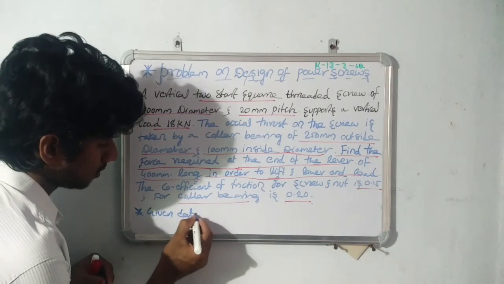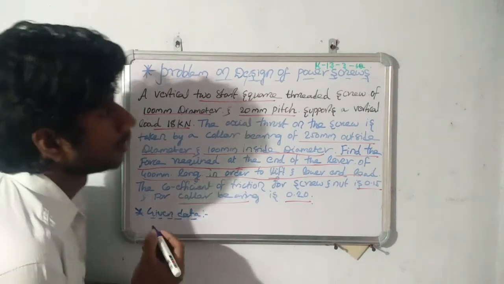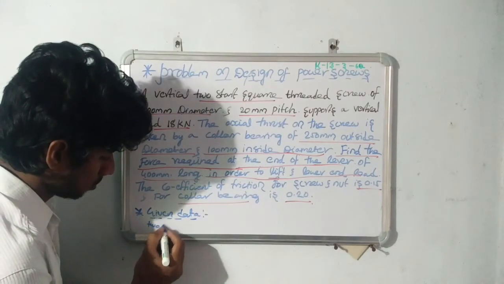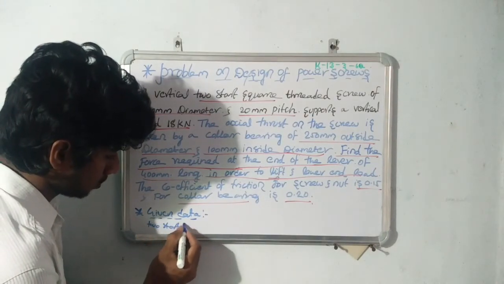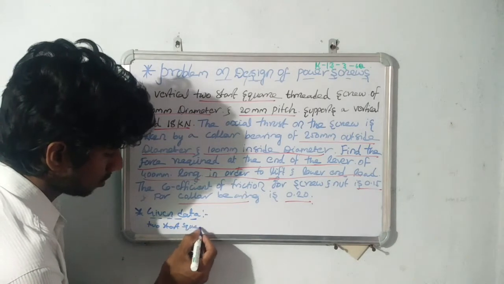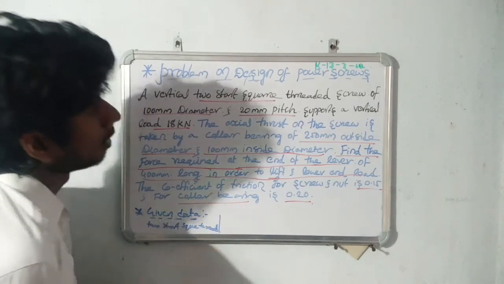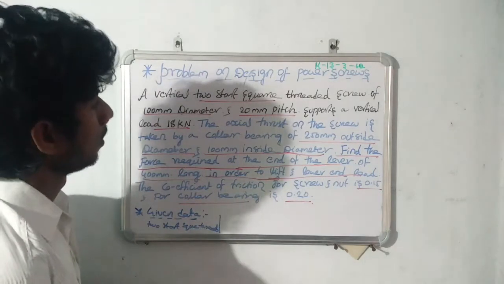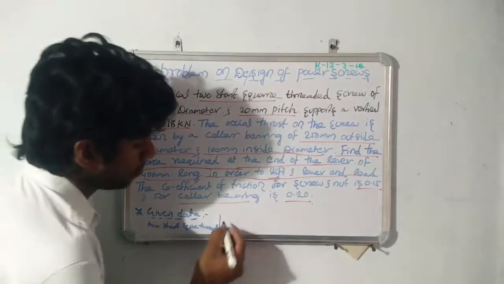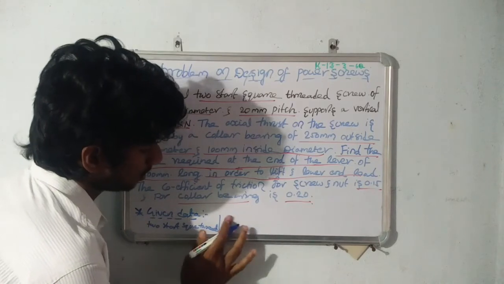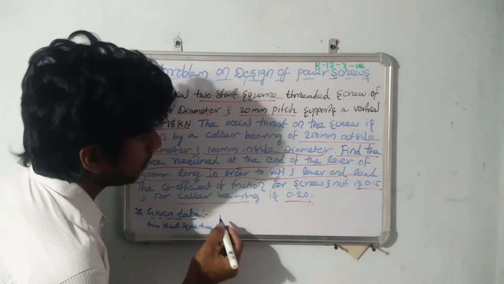Given data: type of the screw is two-start square thread. Mean diameter is provided.